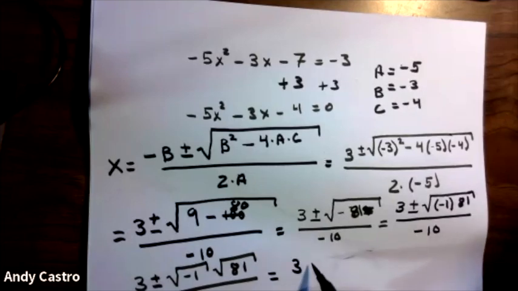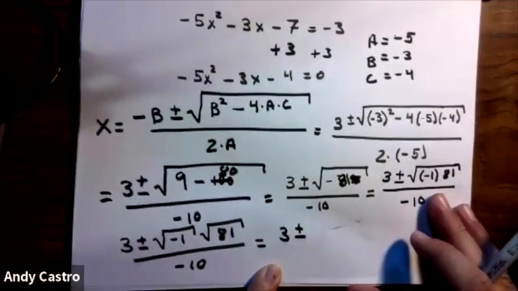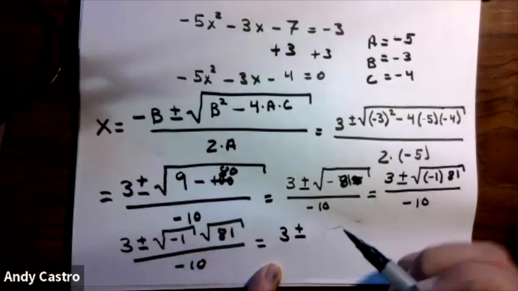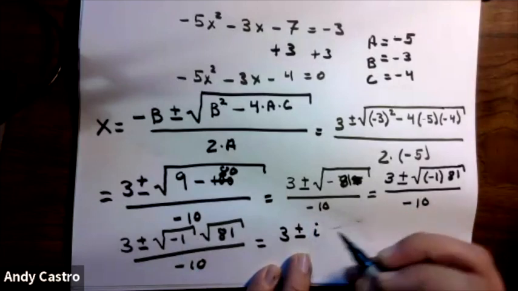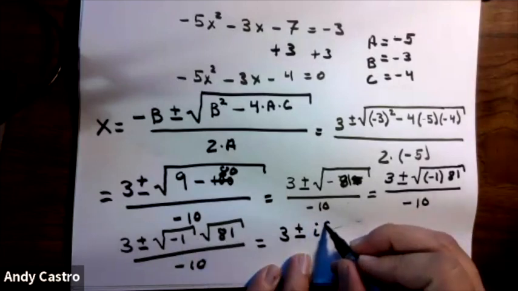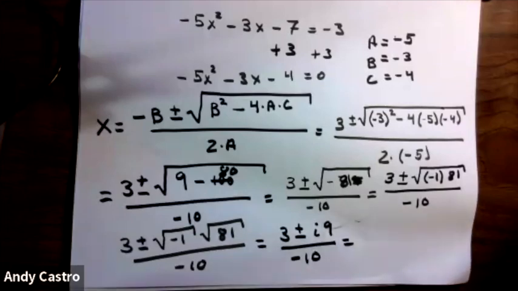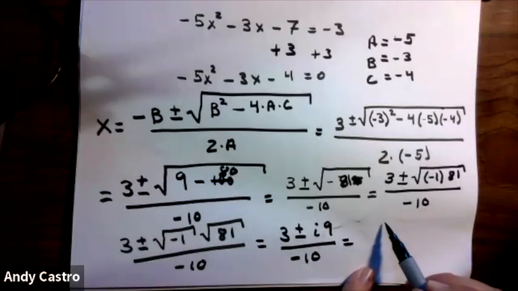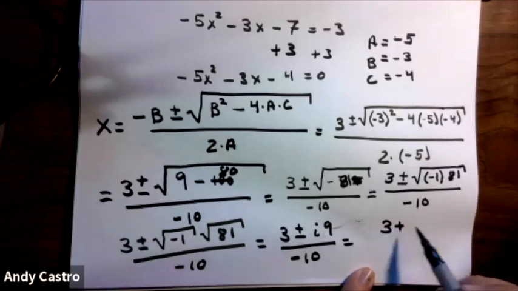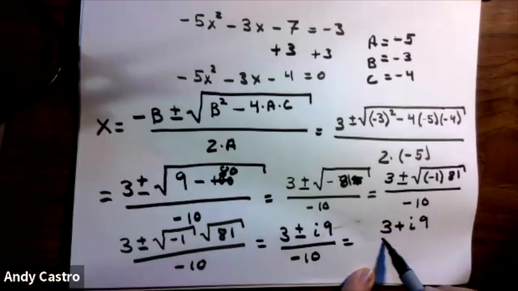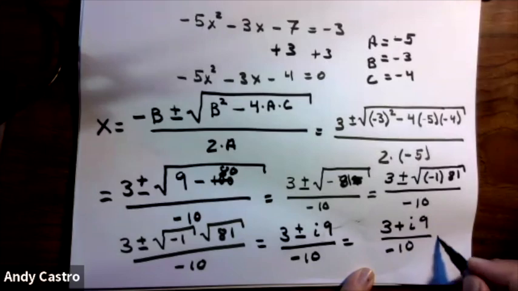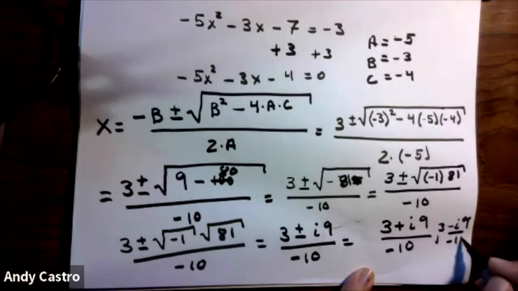We have 3 plus or minus the square root of negative 1. Whoops, got off screen there. The square root of negative 1 is I, and the square root of 81 is positive 9, all over negative 10. All right, so we have two answers, 3 plus I9 over negative 10, and 3 minus I9 over negative 10.